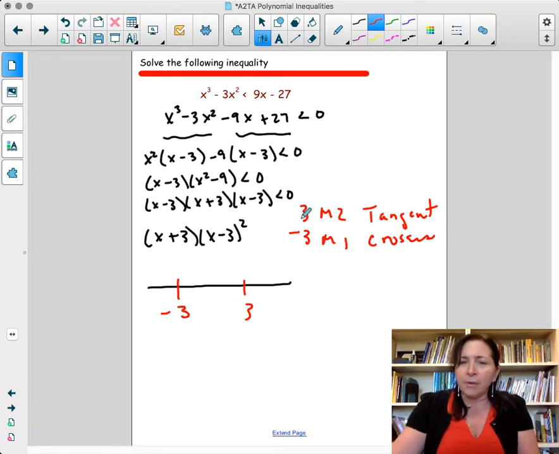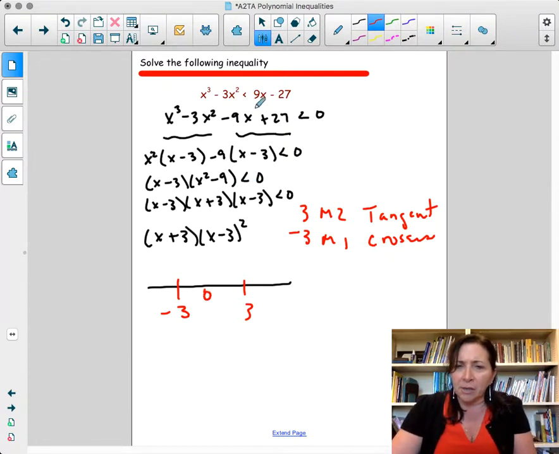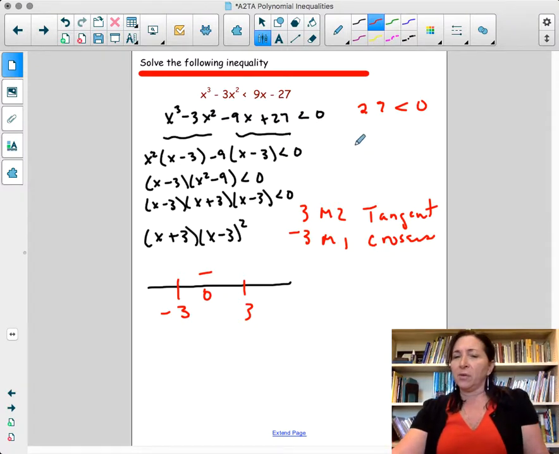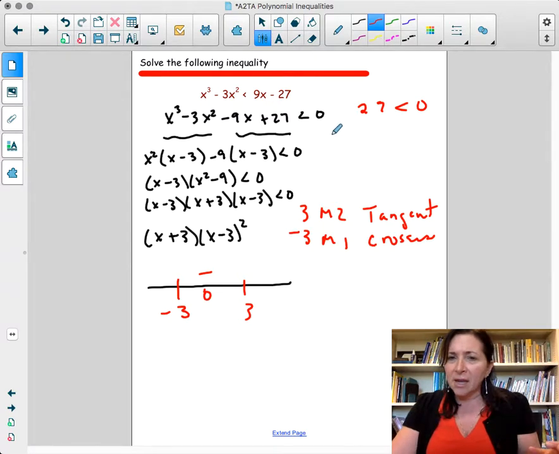So I'm going to plug in 0, because that's the number I always plug in. Plugging 0 into my original equation, the question is, is 27 less than 0? No, so this is false. This is a little different than the other ones we did. The ones in the prior slides asked if the graph was greater than 0.